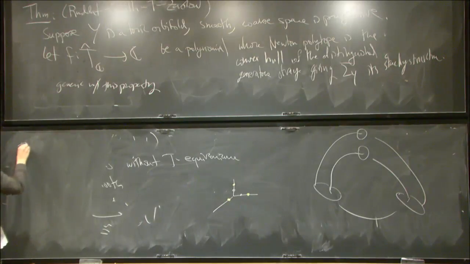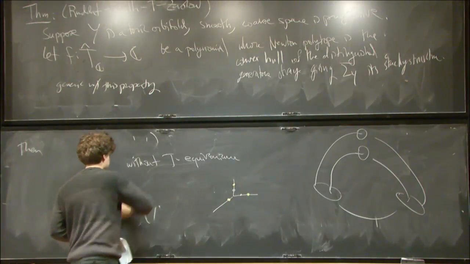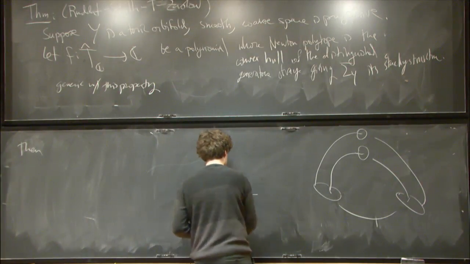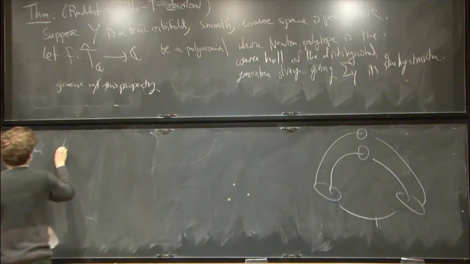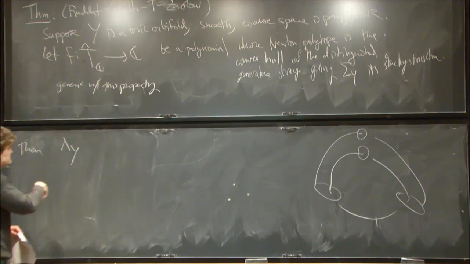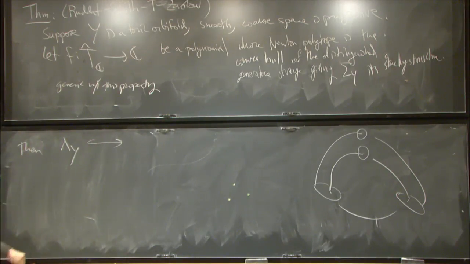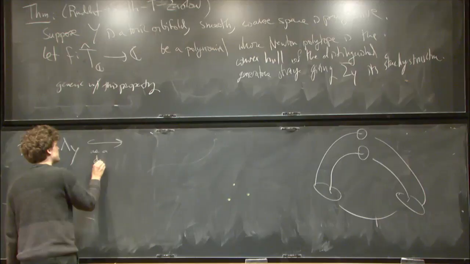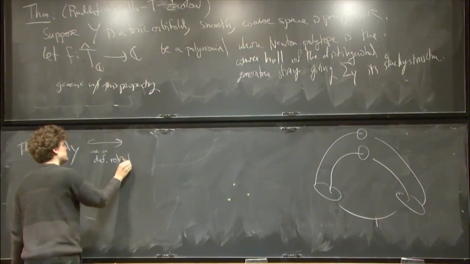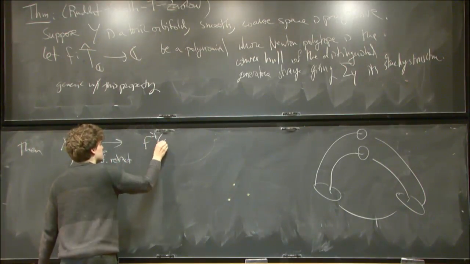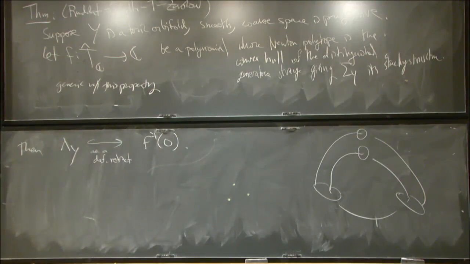All right, then this Legendrian, lambda Y, embeds as a deformation retract into the hypersurface cut out by this polynomial.